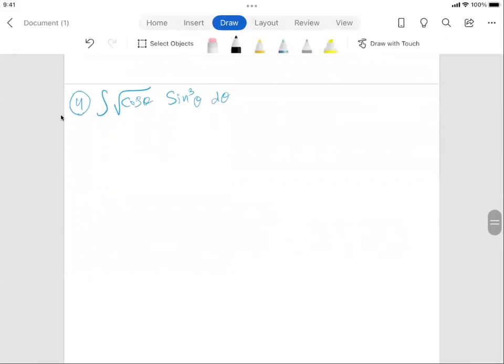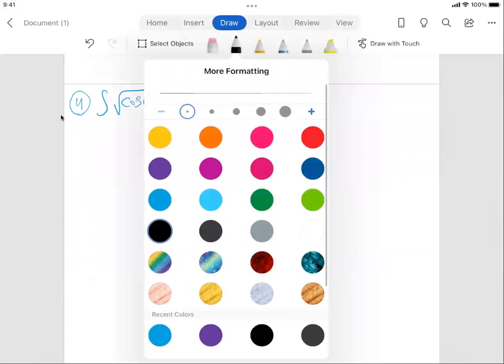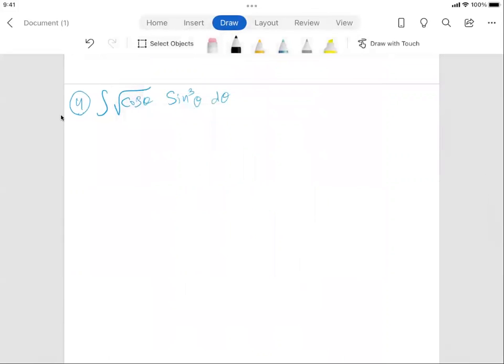Okay, our last problem is this. Integral of square root cosine of theta, and that's multiplied by sine cube of theta d theta. So again, we know that derivative of sine is cosine and derivative of cosine is negative sine. So let's try to put this question in that form.